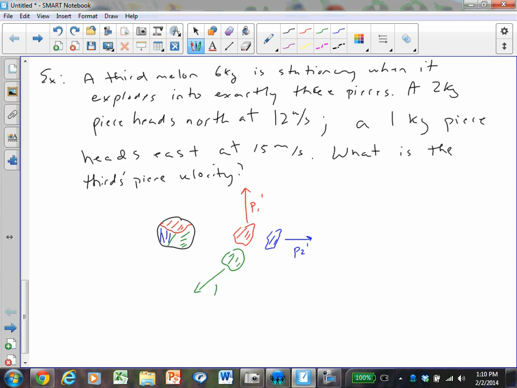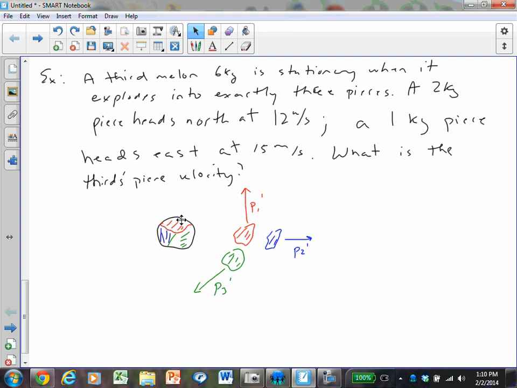We don't know what that is. One thing we do know is that the total momentum before, which is 0, must equal the total momentum after. So it has to also be 0. So the sum of P1's vector, the momentum of P1, plus the P2 vector and P3 vector must be 0.